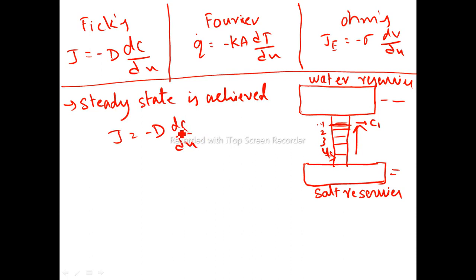So this negative sign indicates that diffusion will occur down the concentration gradient.